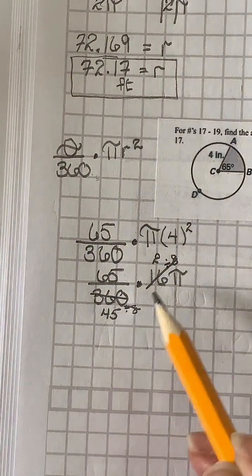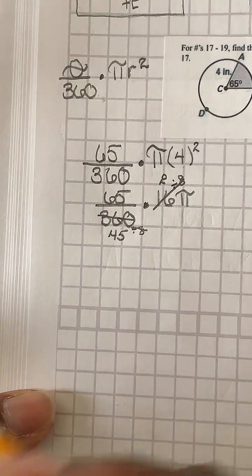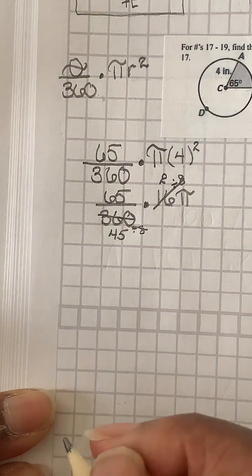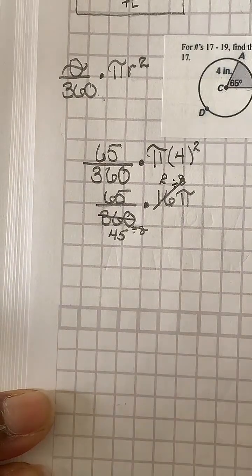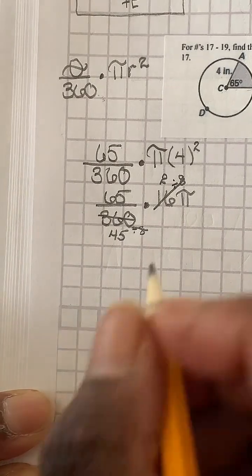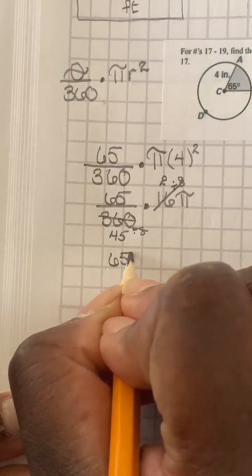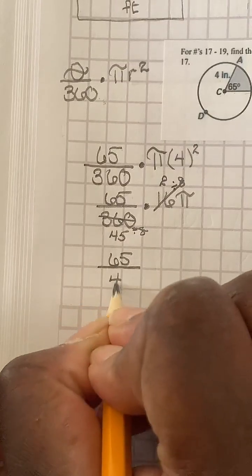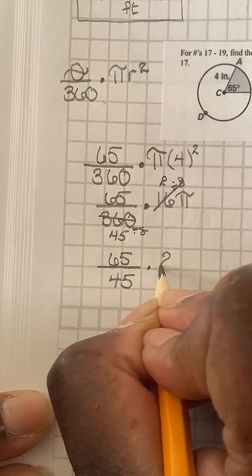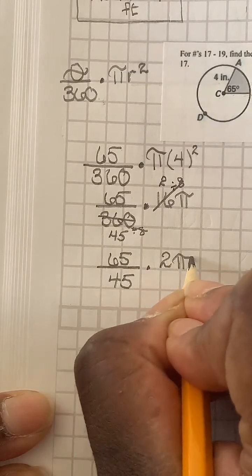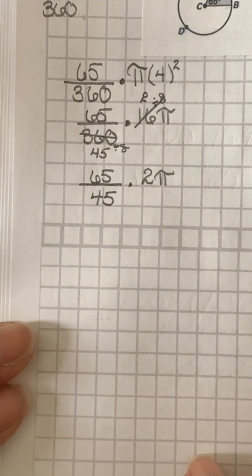So by doing the cross simplification, I'm kind of lessening how much I need to do for the multiplying. So I don't have to deal with thousands place values. So this turns into a 65 over 45. And this turns into a 2 pi. Now, this seems a little bit more manageable. Okay?